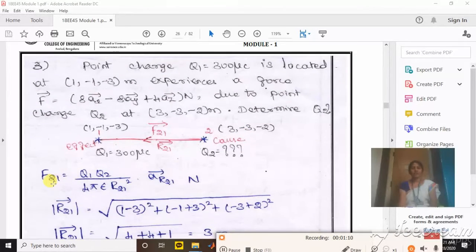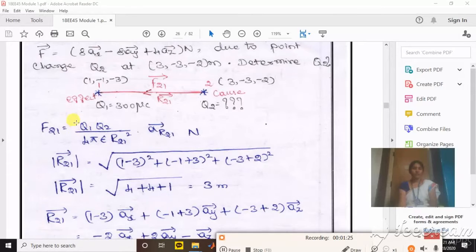So this is going to be my effect and it is going to be my cause. So I can write F21 is equal to Q1 into Q2 divided by 4 pi epsilon R21 square into AR21 vector. F21 is already given, 8ax - 8ay + 4az. The value of Q1 is also known. 4 pi epsilon is known. R21 we need to identify. R21 is nothing but R1 minus R2. R1 is AX vector minus AY vector minus 3AZ vector.